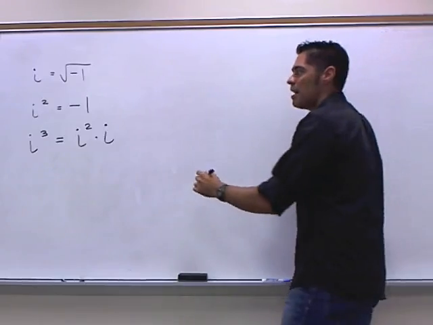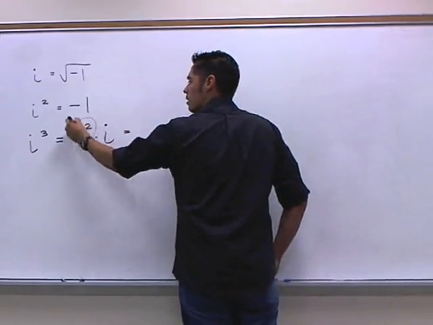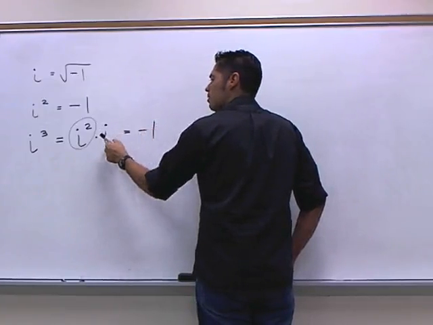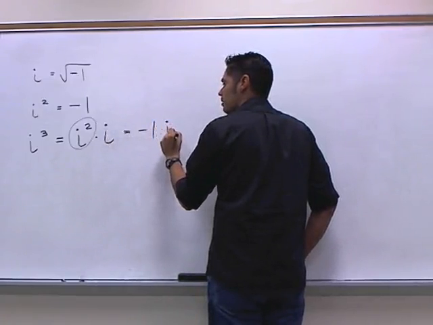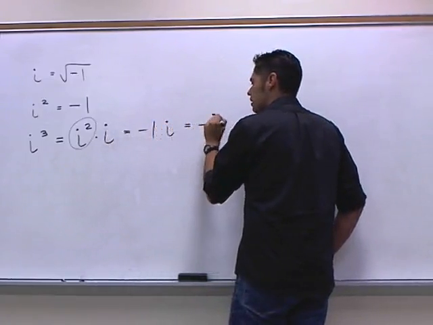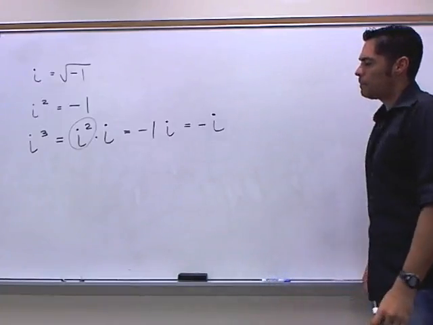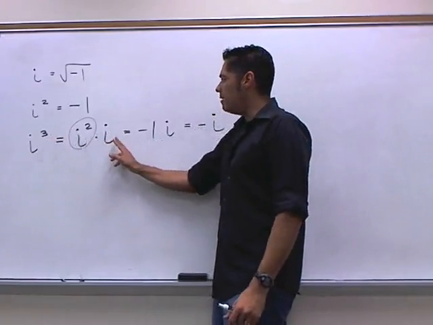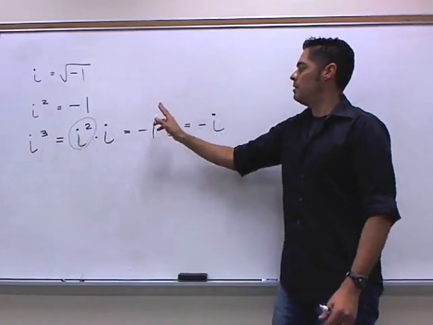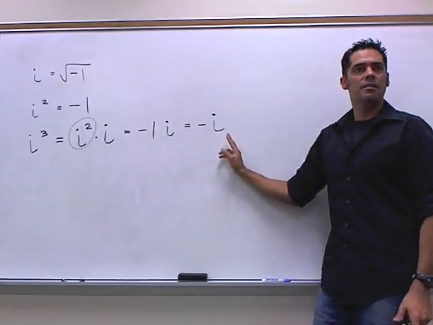But what did we just say i squared was? -1. And what is i? I is just the square root of -1, so I'm just going to leave it as i. So it's -i. Right? i cubed is i squared times i. i squared is -1, and -1 times i is just -i.